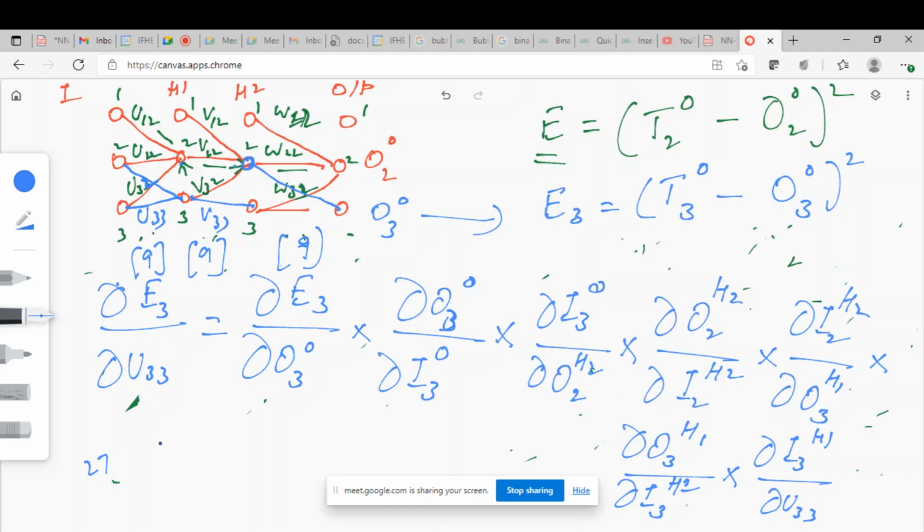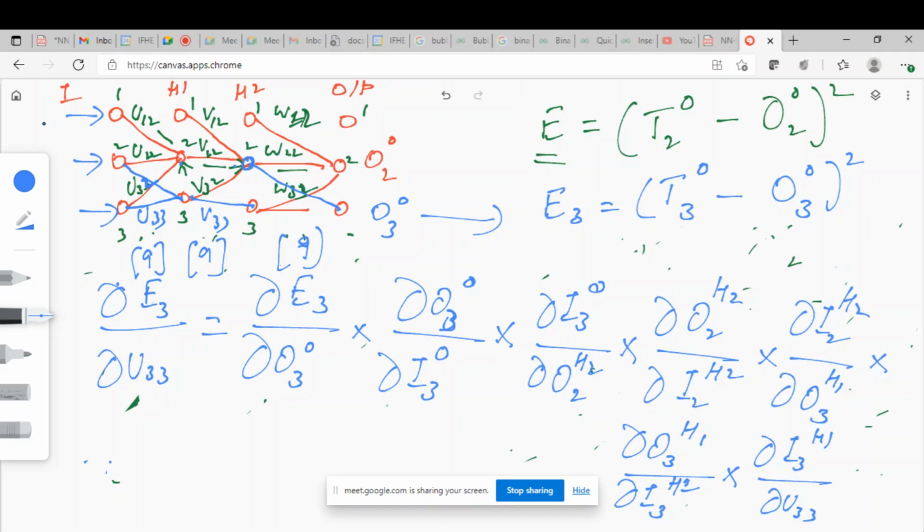And again, this way of updating the weight, there are different styles of doing it. One method is, say for example, some input we are giving here. Say one set of input x1, x2, x3 is given.